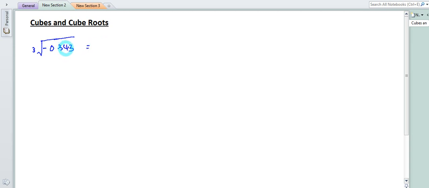What number to the power of 3 is actually 343? You know 7, right? And this is negative 0.7, because one decimal place, if you cube it, you will get 3 decimal places here. So the answer is negative 0.7.